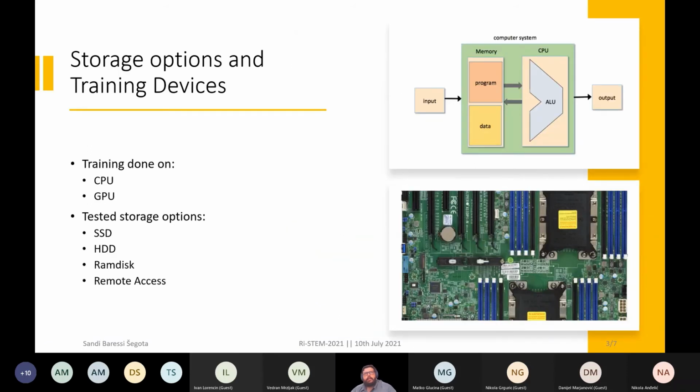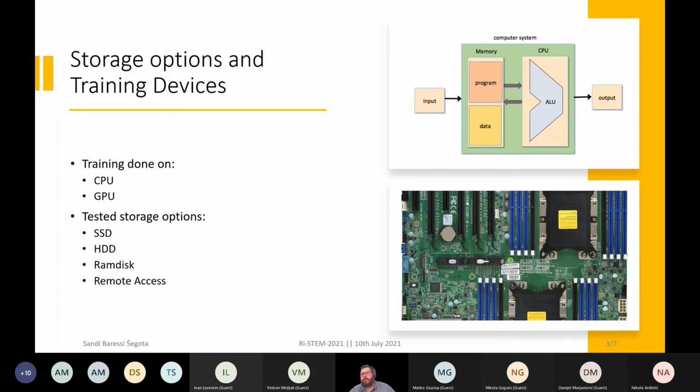So to discuss, how have we done the training in this research? We have done the training on CPU and GPU using two different architectures, and we have used 4 different storage options. Solid state drive, which is known to be significantly fast, and hard disk drive as a standard magnetic drive, which is today one of the cheapest ways to access mass storage locally.